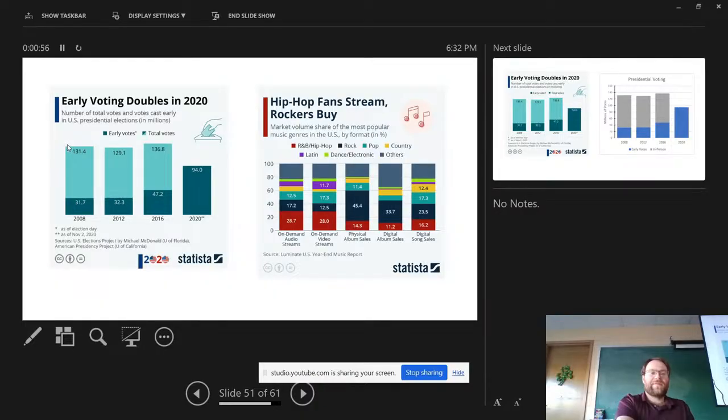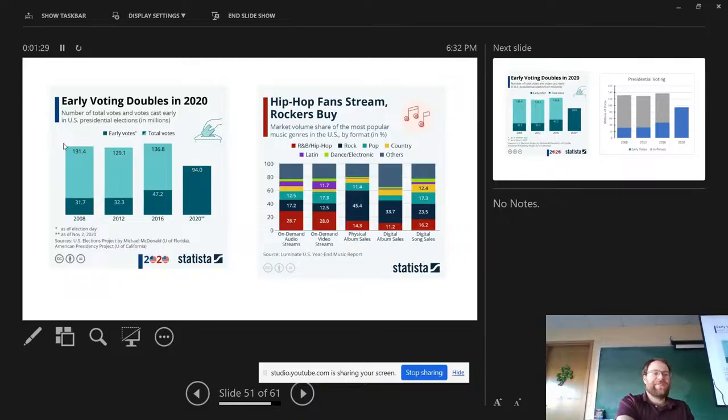You'd have to add each, what do you want to call those, sections, colors, and do the math to, I'm sorry, his hands. It's okay. But if 31.7 were early votes, we had 131.4 in total.